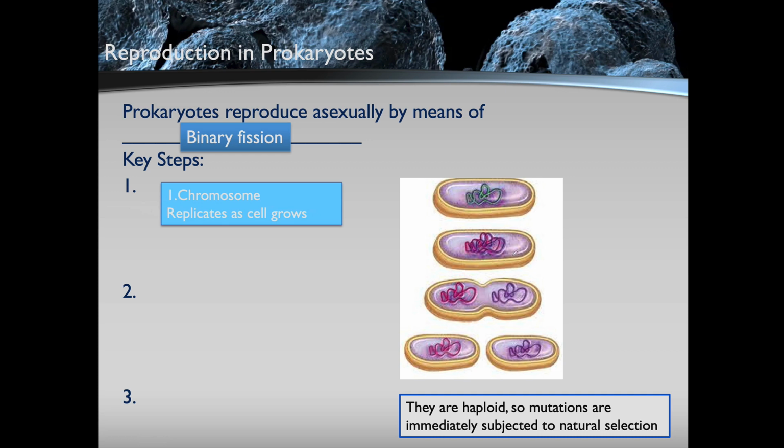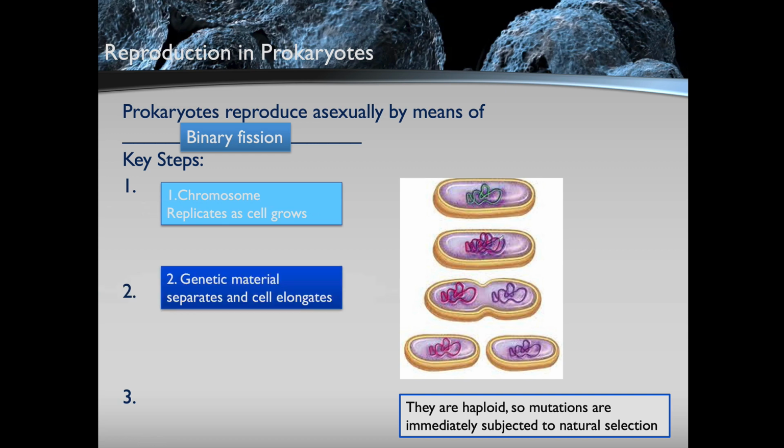So that may be the trigger, as there may not be enough resources if it keeps growing, so it will be more efficient if there are 2 bacteria instead of 1. So that might be the little tiny physiological trigger that tells that bacterial cell to copy the DNA. So here you can see the red and the purple, and they're kind of in the same shapes, shadowing each other because they're splitting from one another.